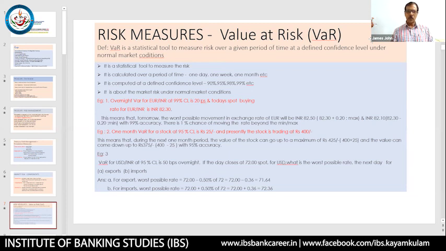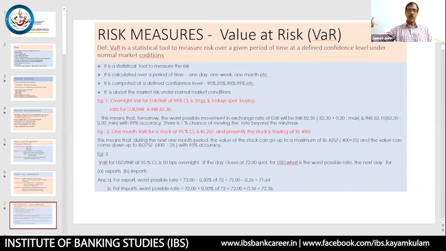So 50 basis points means 0.5% of 72. What is 0.5% of 72? It is coming to 36 paise. Am I correct? 36 paise. Therefore, tomorrow the rate will go up by 36 paise or come down by 36 paise. If the rate goes up by 36 paise, it will be 72.36. If it is coming down, it will be 71.64.